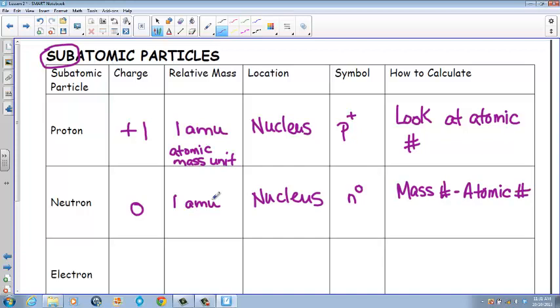Okay, electron, a -1 charge. And this mass is very negligible. So electrons, not massless, but very, very small. So we're going to say 1/1836 of the mass of an AMU, okay? Negligible, meaning very, very, very small.